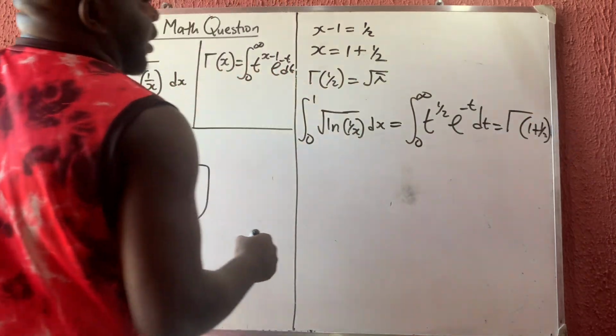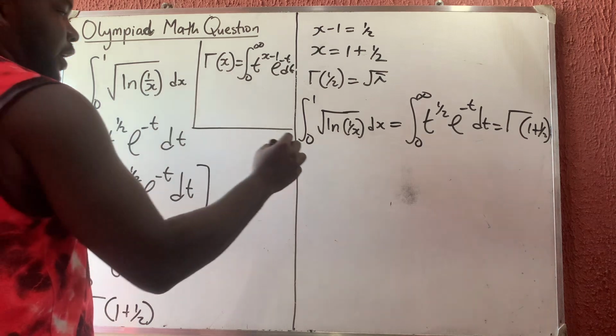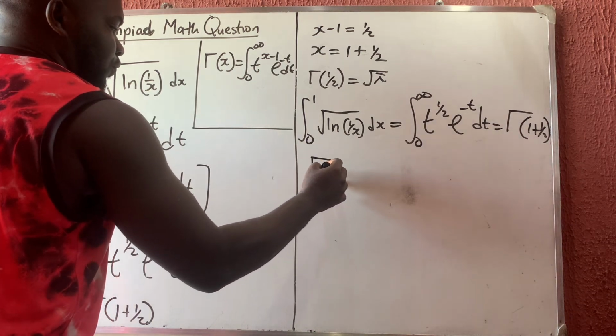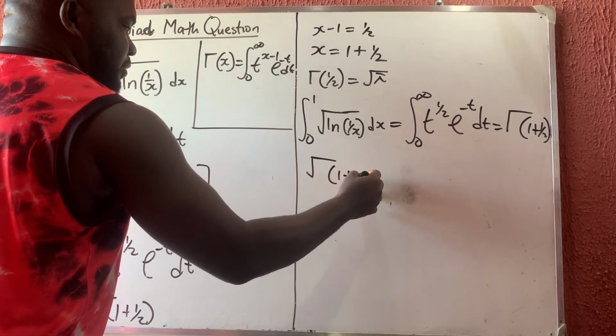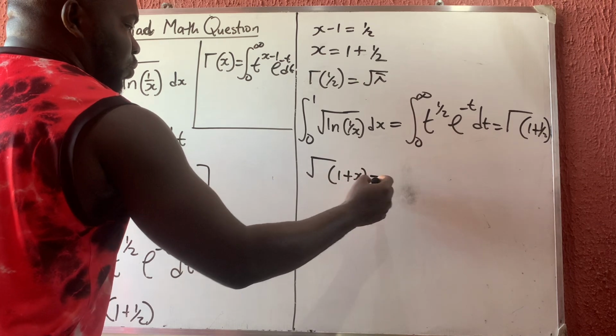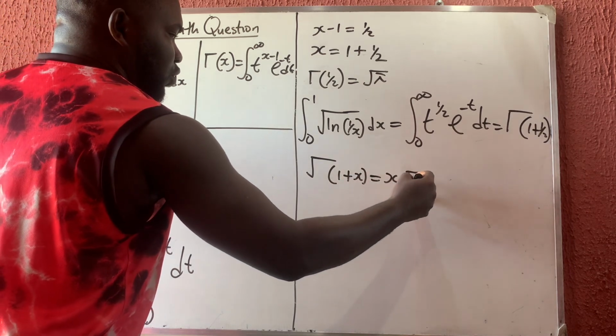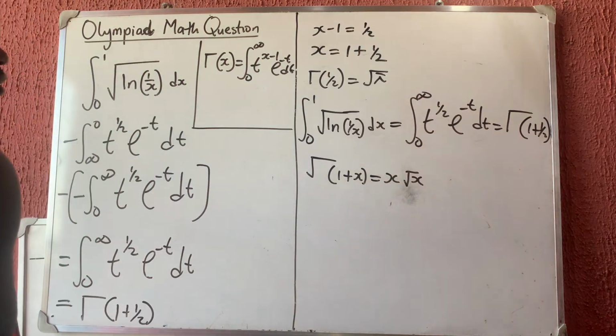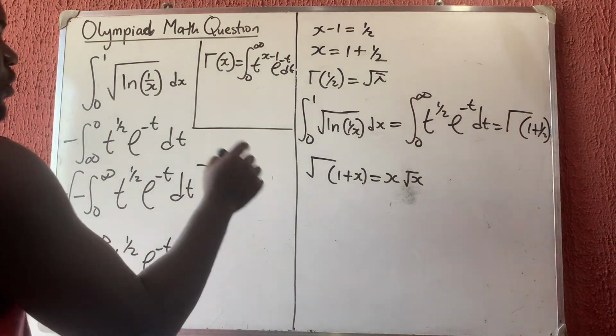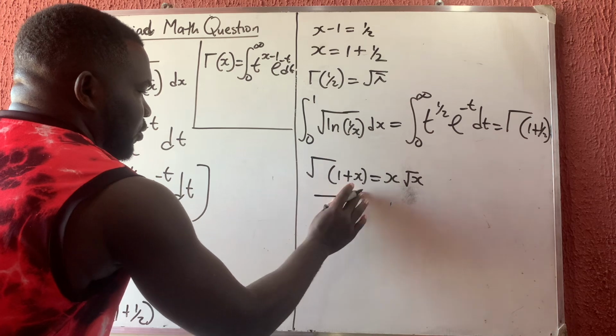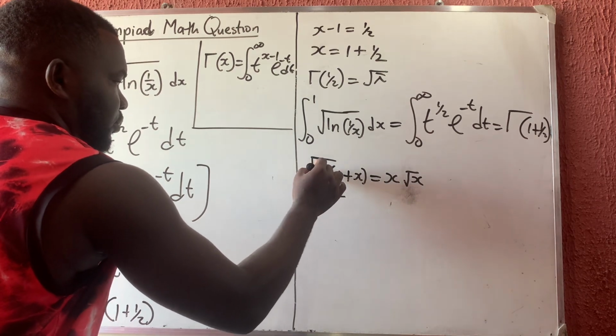Now you need to know again that the gamma function of 1 plus x is equal to x times the gamma function of x. Please record this, very important.